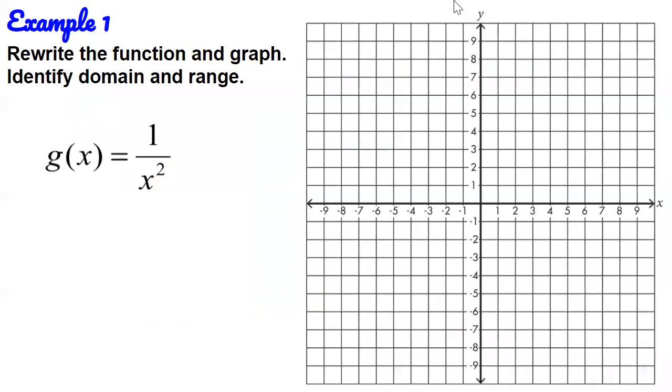Yes. Here we go. Example number one. Here is not a parent function, but a transformation. In this case, we have 1 over x to the power of 2. So we have our beautiful function here, g of x equals 1 over x to the power of 2.